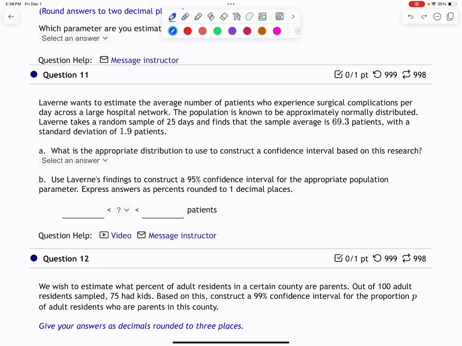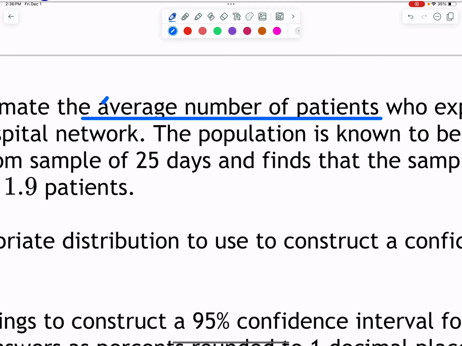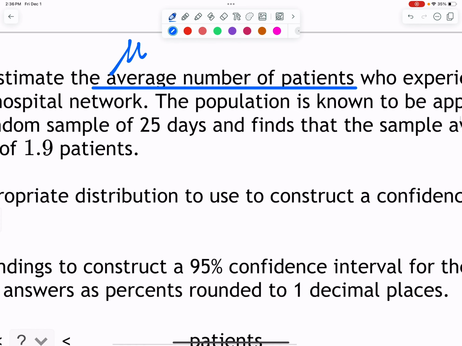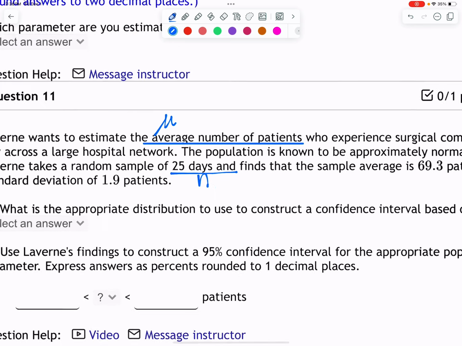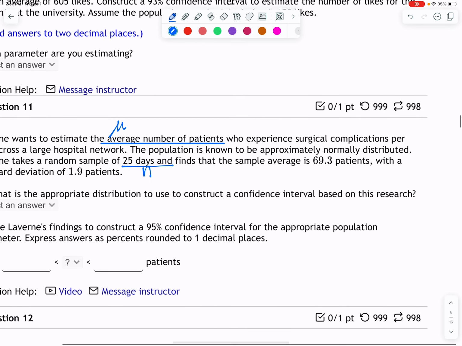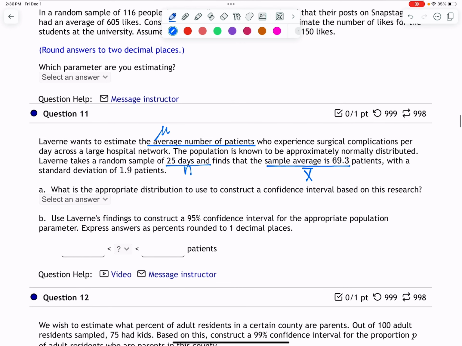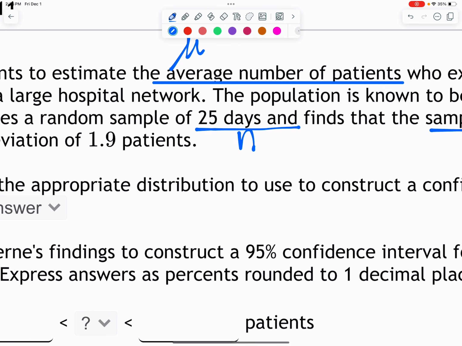Let's see what it says. Laverne wants to estimate the average number of patients. So right there we know we're dealing with averages. Who experience surgical complications per day across a large hospital network. The population is normally distributed. That's good news. We have a random sample of 25 days. We find the sample average, so this is X bar, with a standard deviation of 1.9 patients.